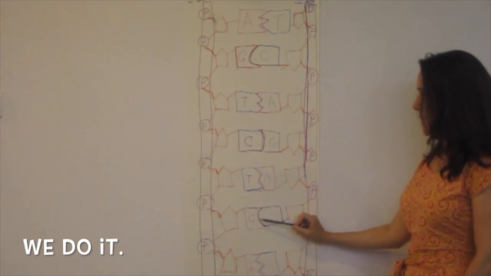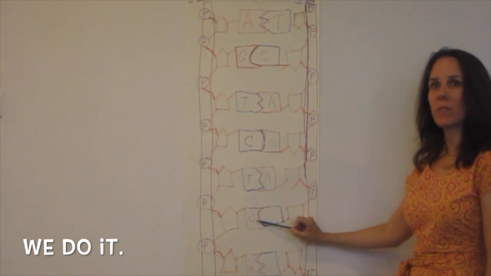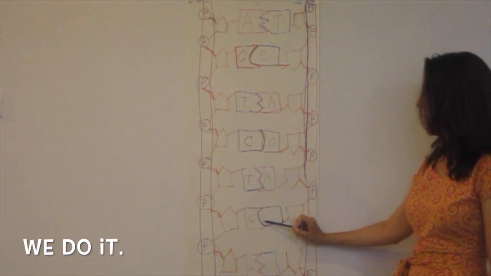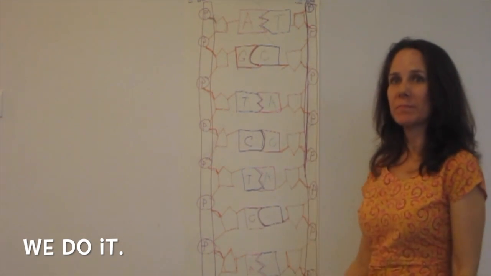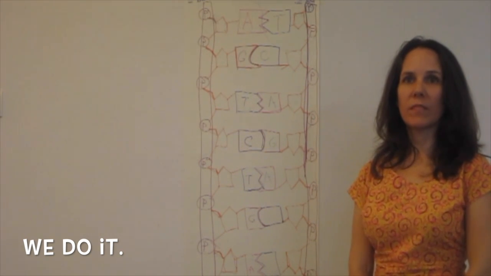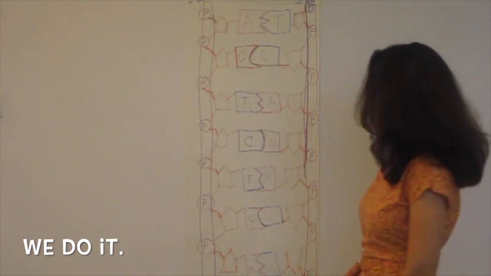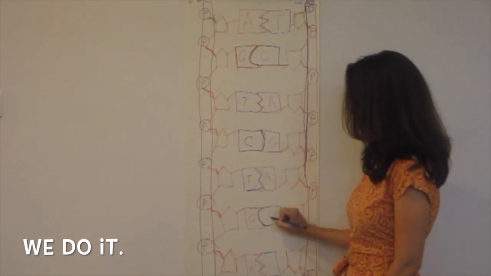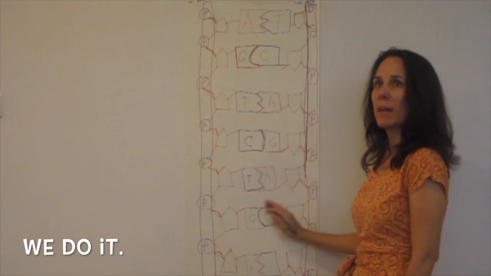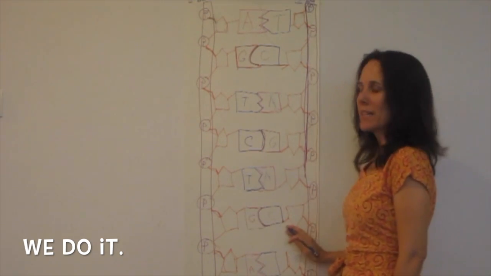Now, in this example here, we have G. What is G short for? Guanine. That's right, Emily, guanine. And what does guanine bind to? Cytosine. And so we're going to write a C here. Who can tell me what this is called together? Michael? A base pair. That's right.